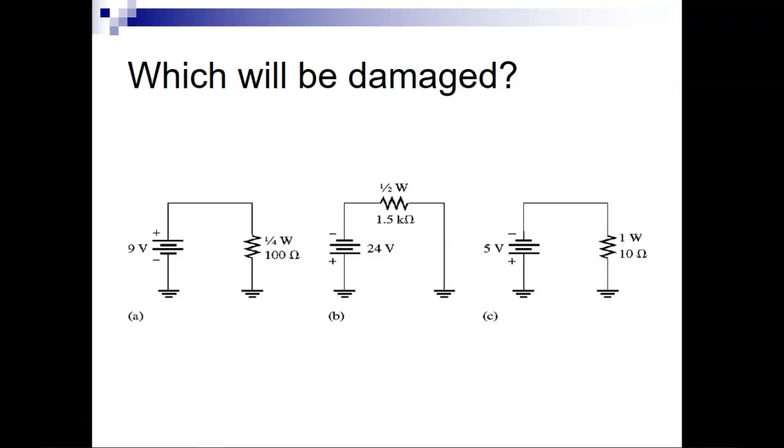So if I have 9 volts and 100 ohms with a quarter watt resistor, so these are 3 resistors here. We're looking for which one would be damaged. So I'll let y'all take a look at that and work your circuits out. And let's see which one is damaged.